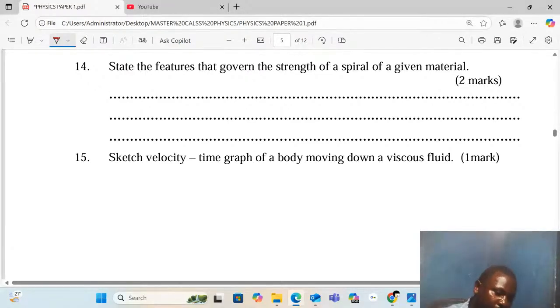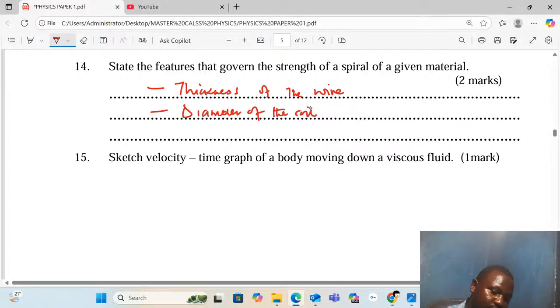Therefore, we have the thickness of the wire, the diameter of the coil, and the length of the material.